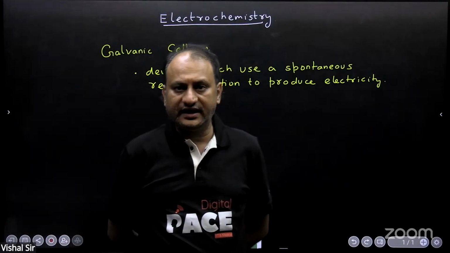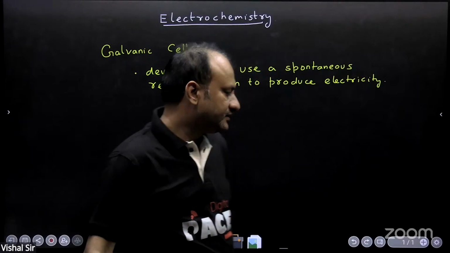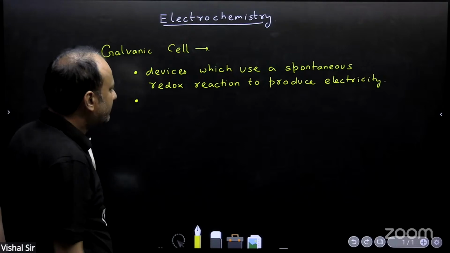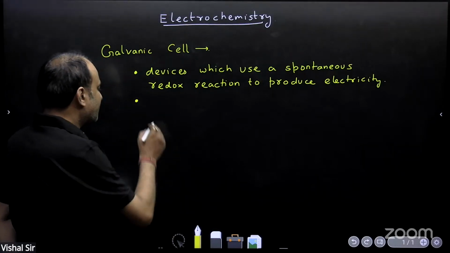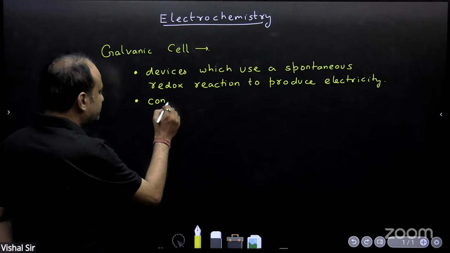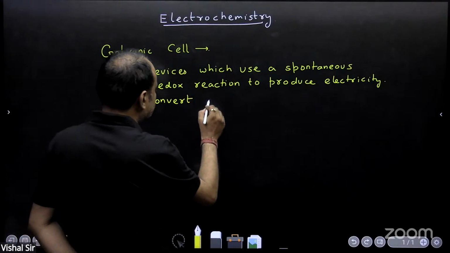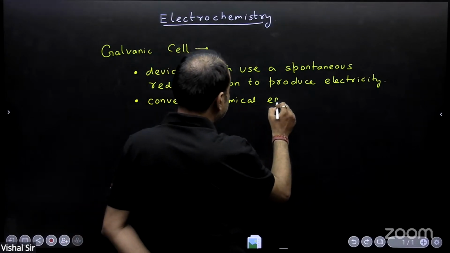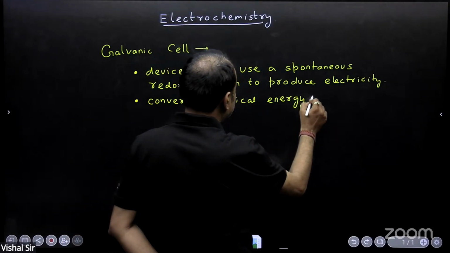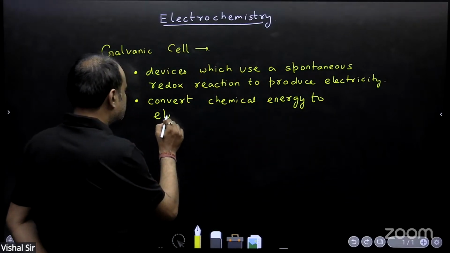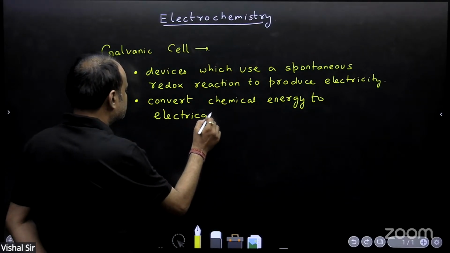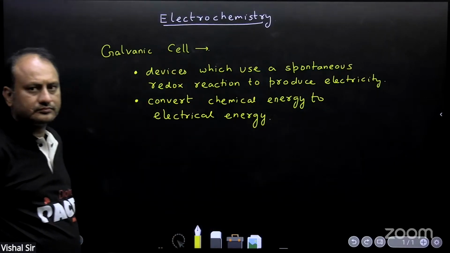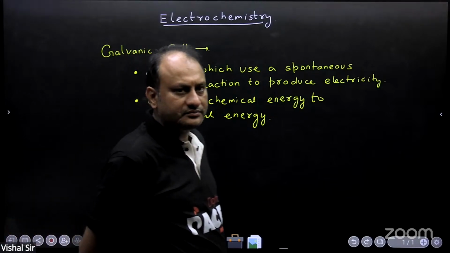So these are electricity producing devices like the common battery, pencil cells which we use, and car batteries. They all are galvanic cells and they convert chemical energy to electrical energy. Okay.